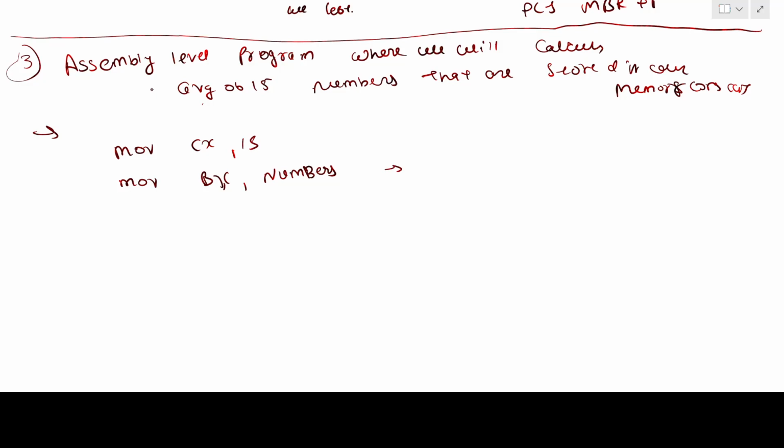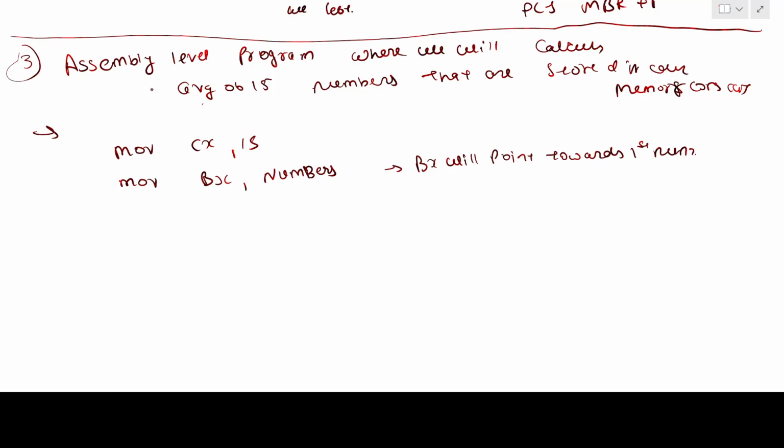bx will be pointing to the first number, and we are assigning it the name numbers.